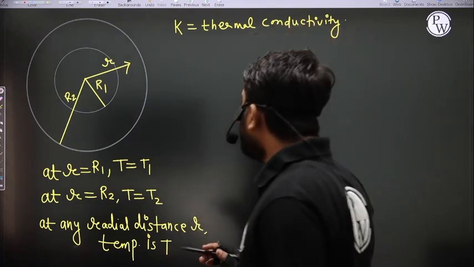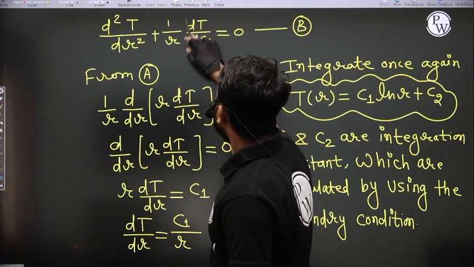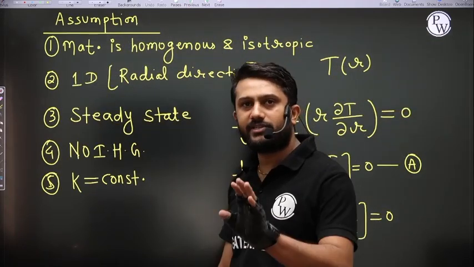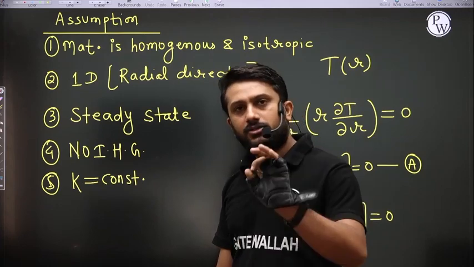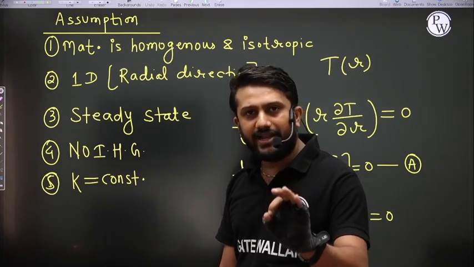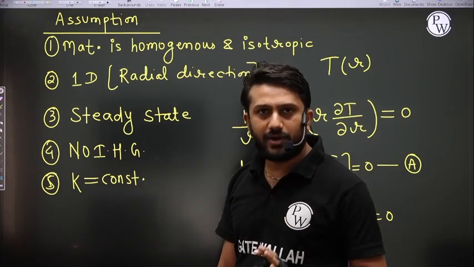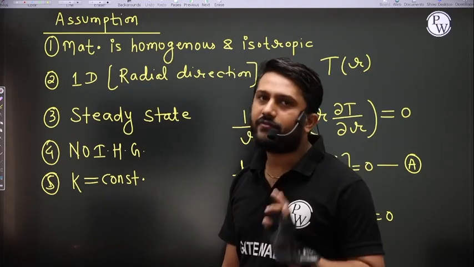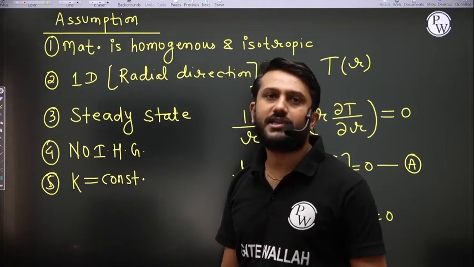If you consider all these assumptions, then temperature is only a function of R. So for the hollow cylinder, the first objective is to find the temperature variation with respect to R, and after finding it, find the rate of conduction heat transfer through this hollow cylinder.